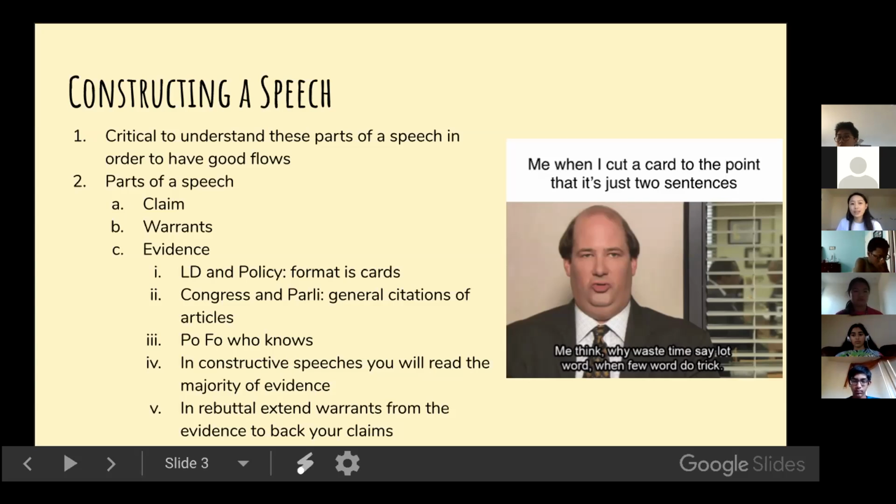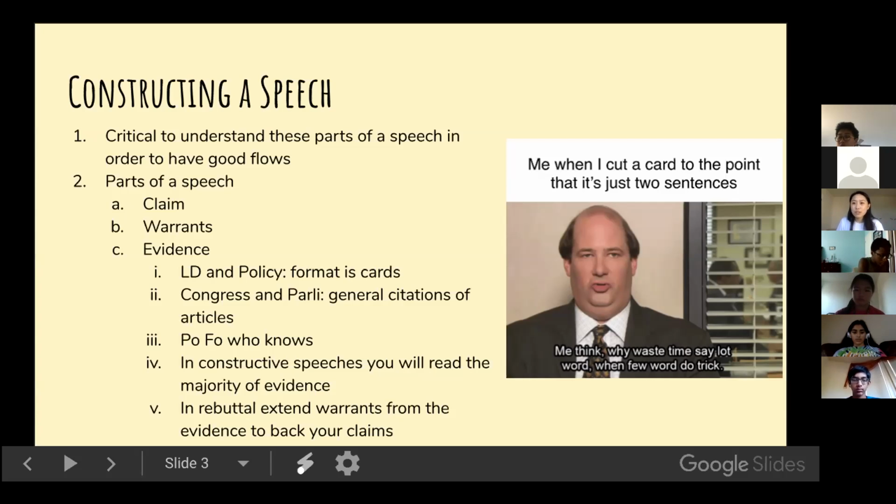Why is essentially the answer to what a warrant is. In Congress and Parley, you have general citations of articles for evidence. You make some sort of claim within your speech, and then you have to back it up, whether through general empirics, or you have found an article before the round or in the round where you have evidence as to why your claim and why your warrants are true.